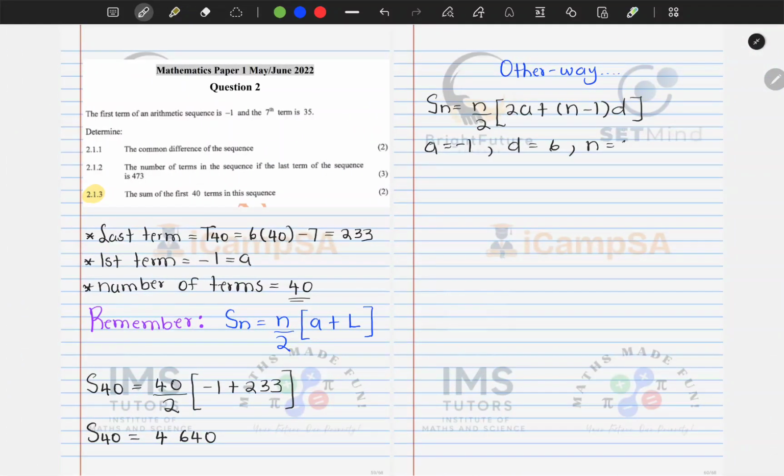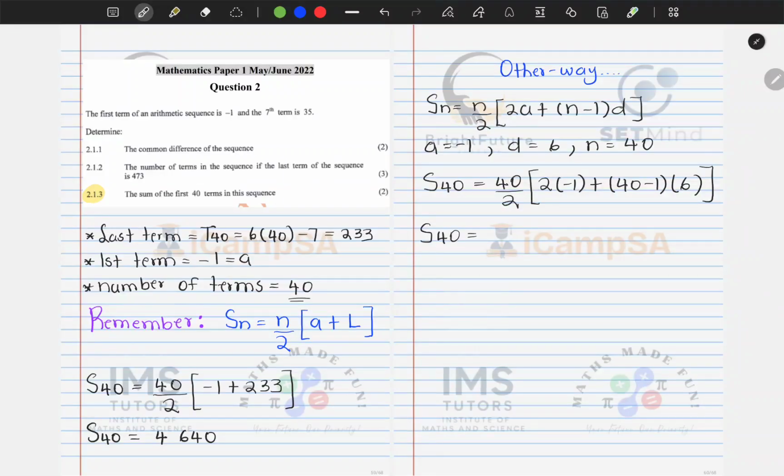And n we know it is 40. So we could have used this for the sum of 40 terms. That will be 40 over 2 into 2 times a, which is 2 times -1, plus 40 minus 1 times d, which is 6. So I'll go to my calculator and see if we obtain the same answer.